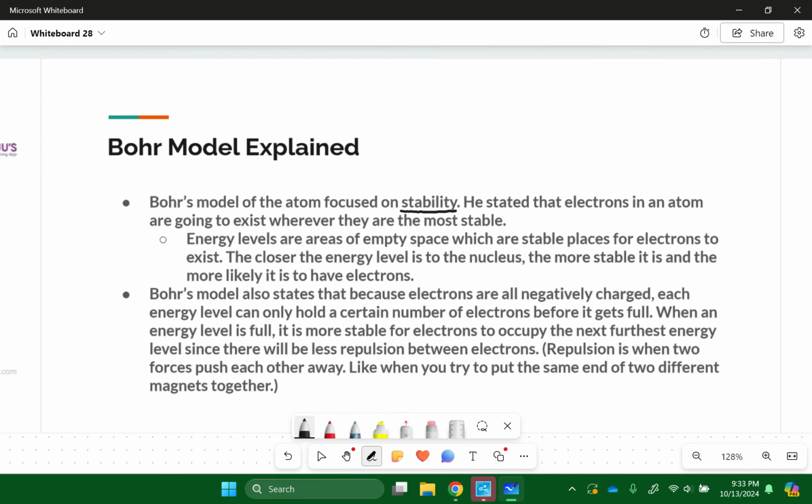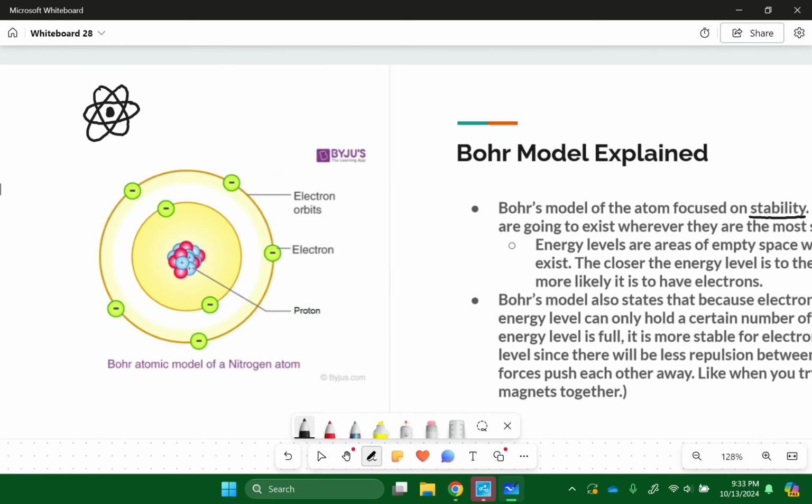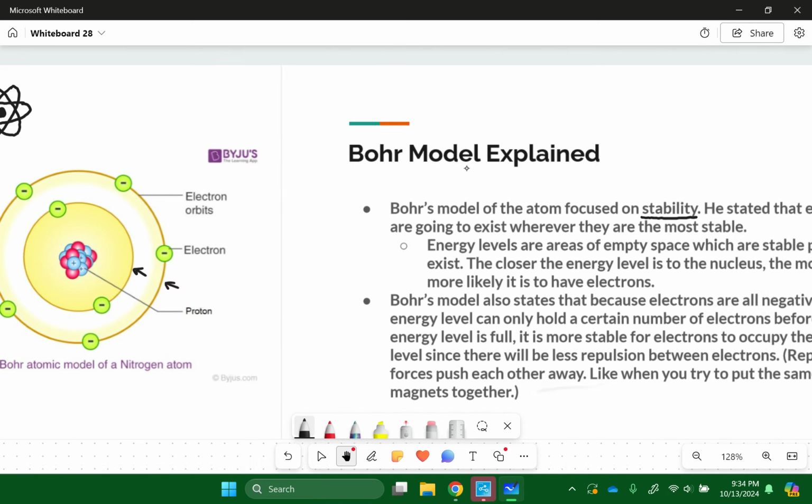Now, he has a suggestion for how to determine the most stable place for electrons to exist. He says the energy levels, those are the rings. Those are these rings over here. So this is one energy level. This is another energy level.